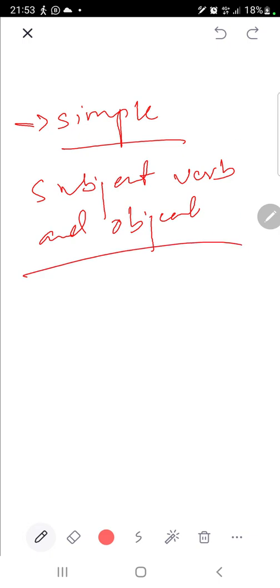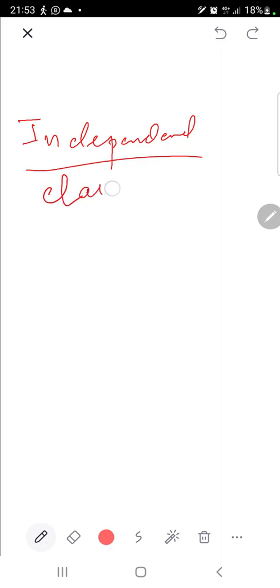Let's say we have an independent clause. For example, he is a smoker. This is an independent clause because it is a full sentence. It does not need anything to be completed.